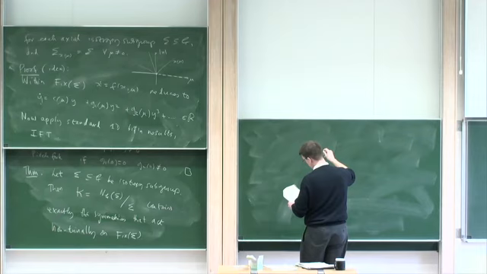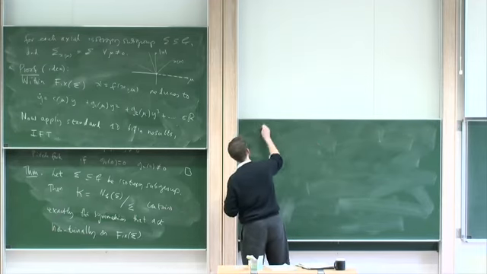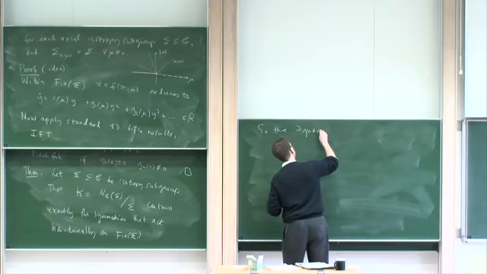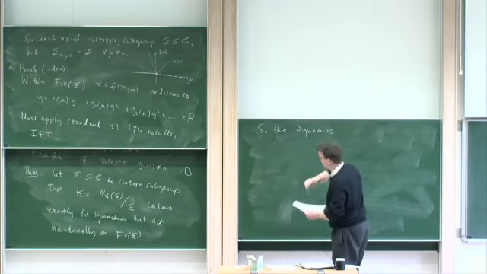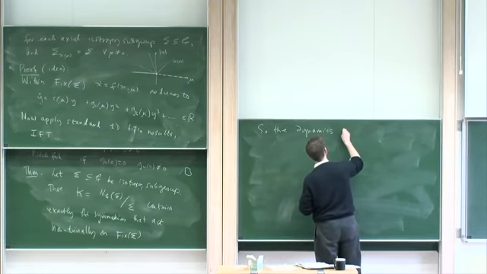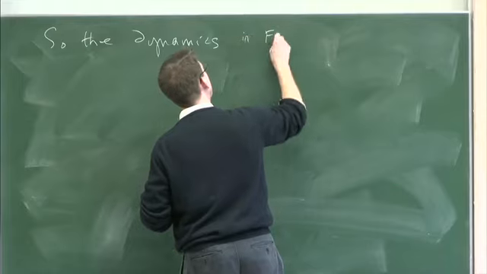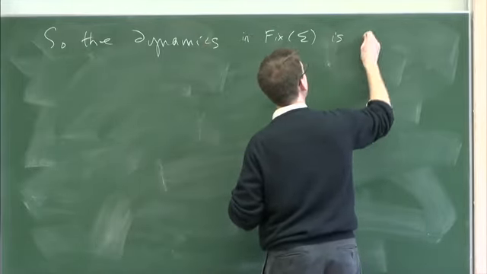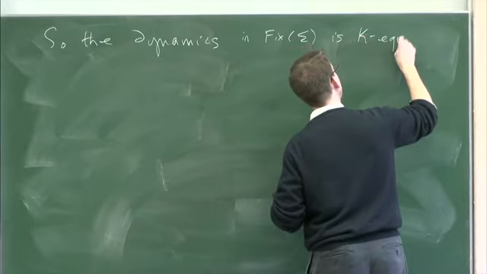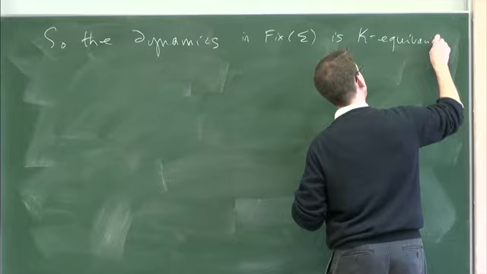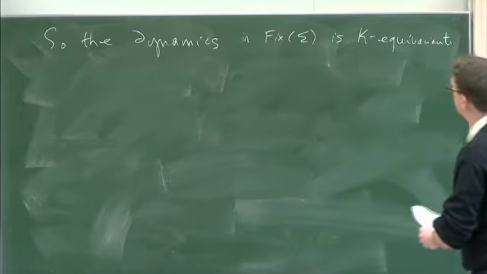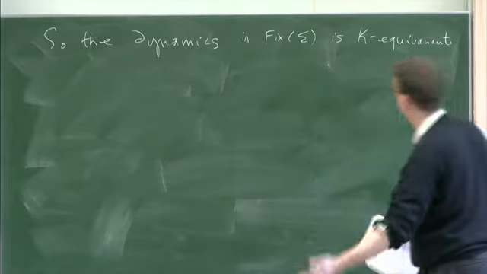Okay, so the nice way to say the theorem that I've just stated is that the dynamics in fixed sigma is equivariant under this group K that I've just defined. So it's actually N sigma equivariant, but sigma acts trivially.